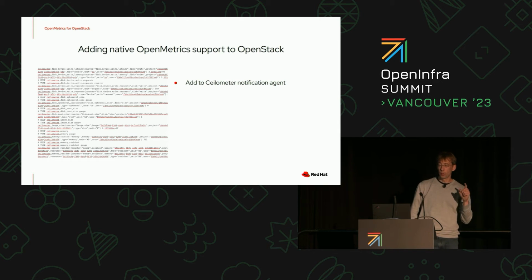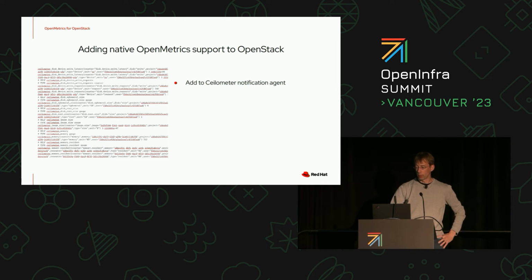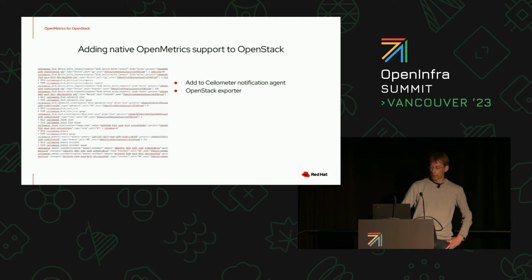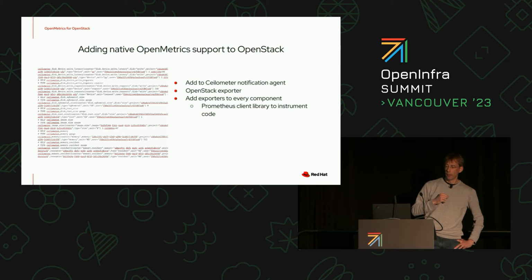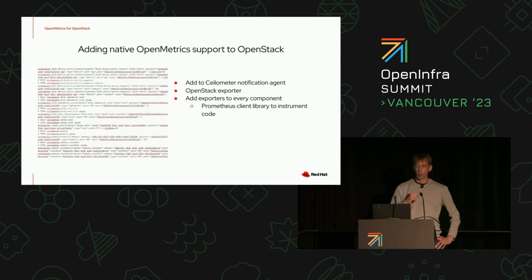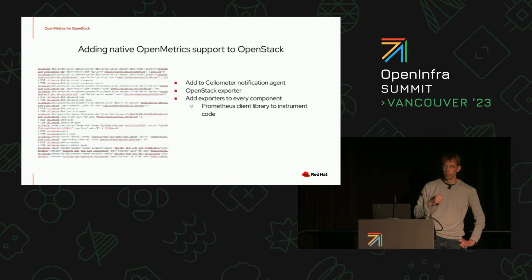So we could do this by adding the exporter to the ceilometer notification agent. Or we could use the OpenStack exporter, which is an external project. Or we could do this in a much more fine-grained way and add exporters to every OpenStack component. The code changes would be very little. This could be done, for example, by using the Prometheus client instrumentation library.